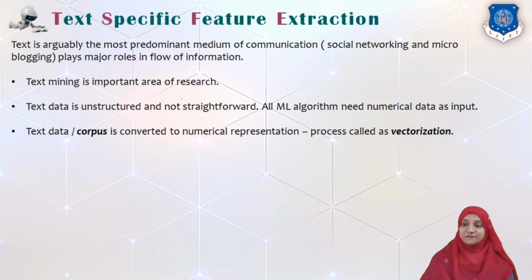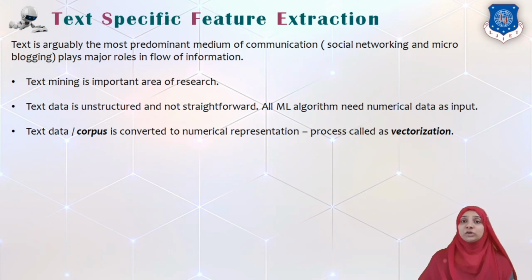The last type of feature construction is text specific feature extraction. Now, what do we mean by text specific feature extraction? Text is the most predominant medium of communication, and you will find textual data on every site over the web.